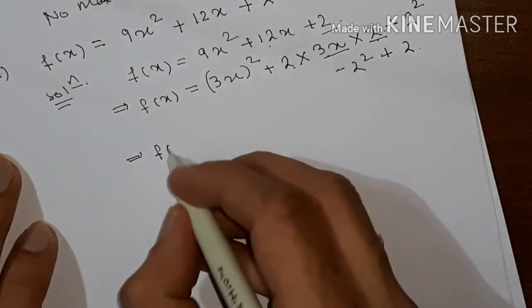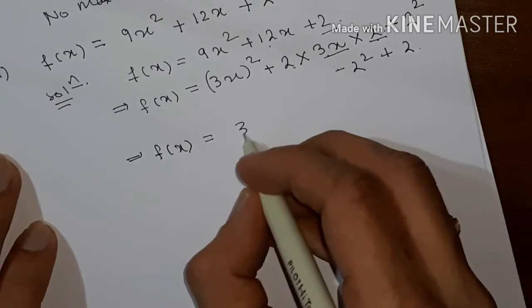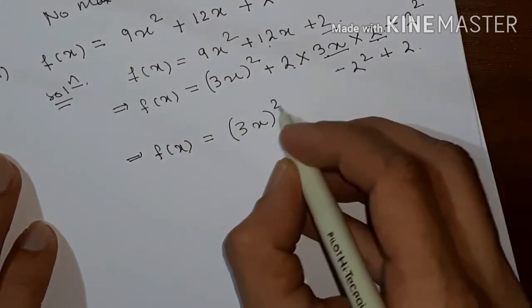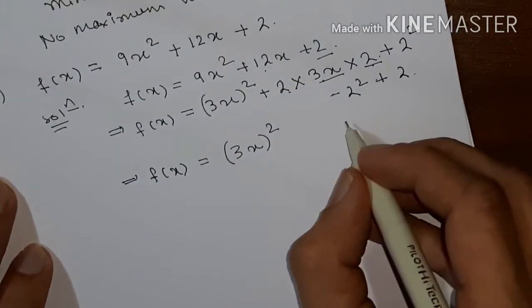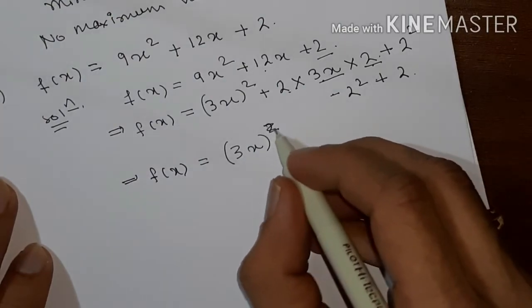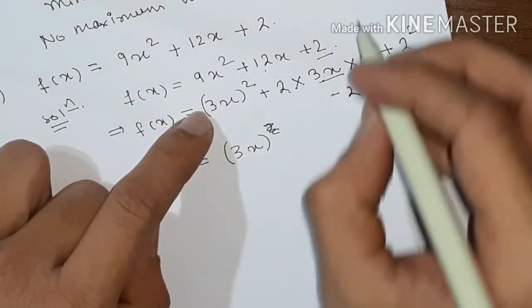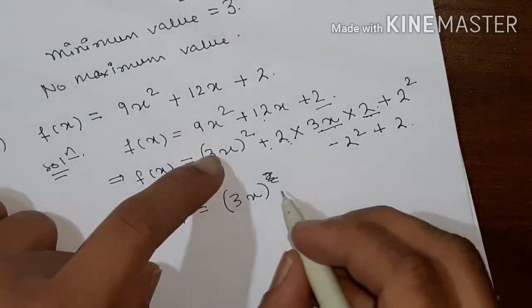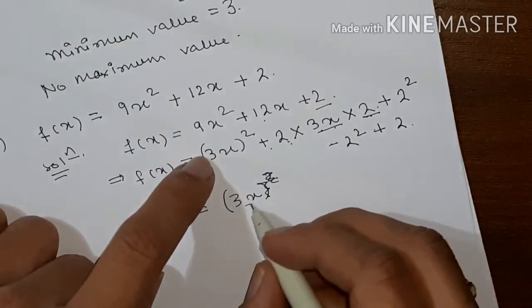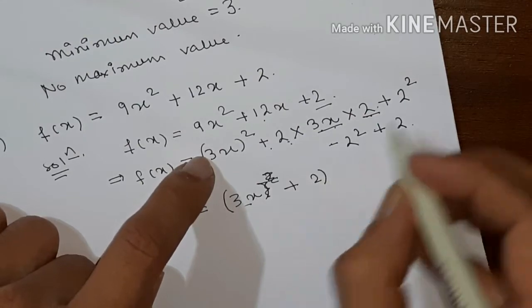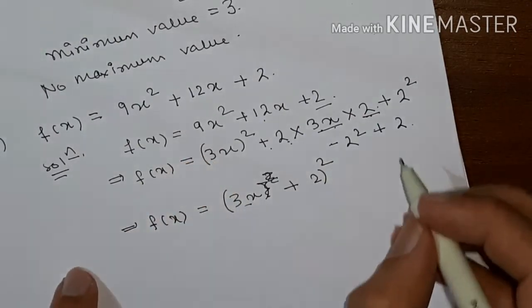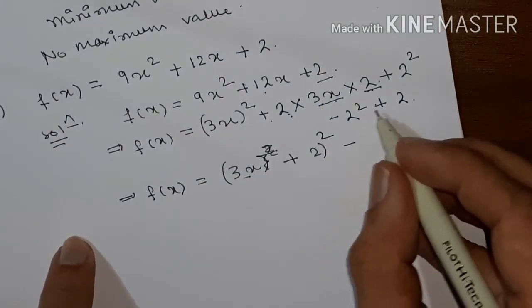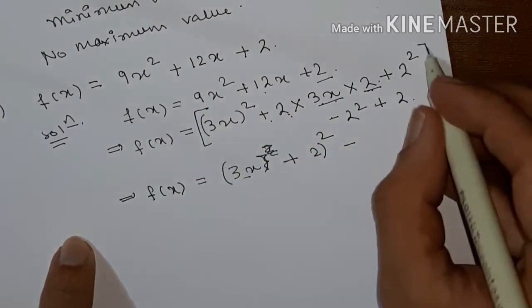So what you will get is f(x) = (3x)². Or if we write it using the formula a² + 2ab + b², what is that? (a + b)². That is this here.